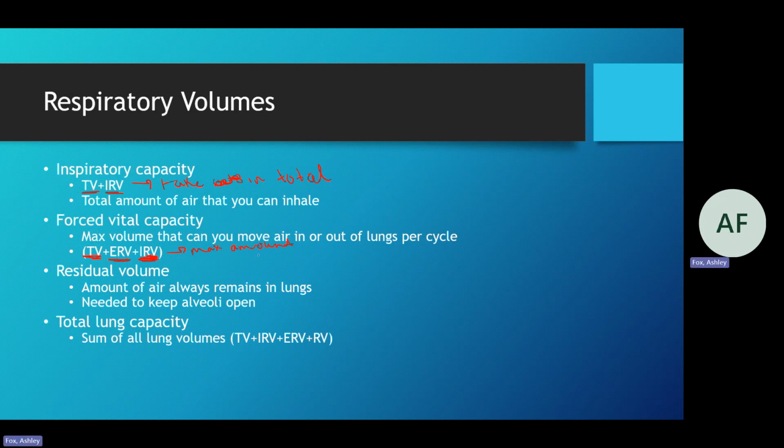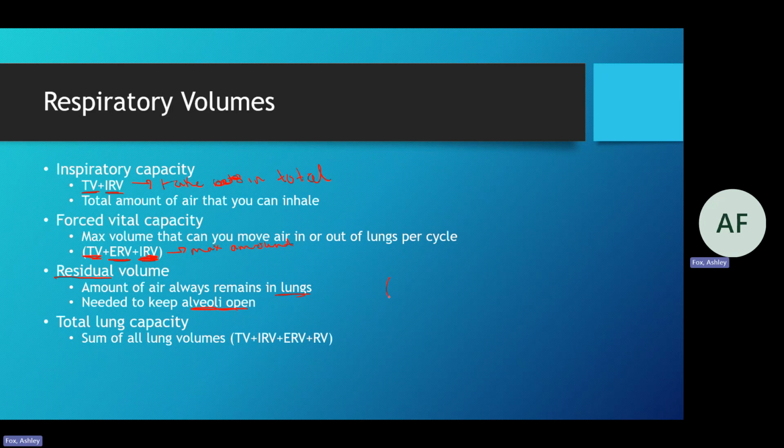And you're thinking, okay, well, there's got to be a point where everything is emptied, or everything that comes in is emptied out. But there is what we call a residual volume, meaning there's always air in your lungs, no matter what. So you're breathing in and you're breathing out, but air remains in the lungs and the alveoli. Not all of the air in expiration is removed from your lungs. Why? We don't want our alveoli to collapse.